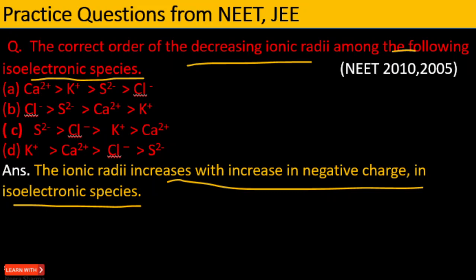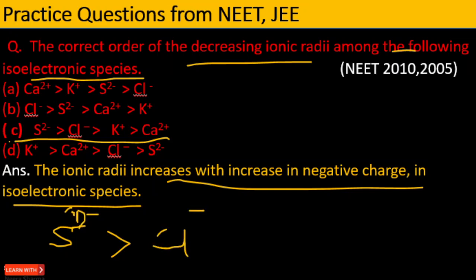If we take this C, S2 minus has 2 negative charges, so this will have the greatest ionic radii. Then Cl minus has a single negative charge. Then K plus has 1 positive charge. The least ionic radius would be Ca2 plus, which has 2 positive charges. So the correct answer would be C.